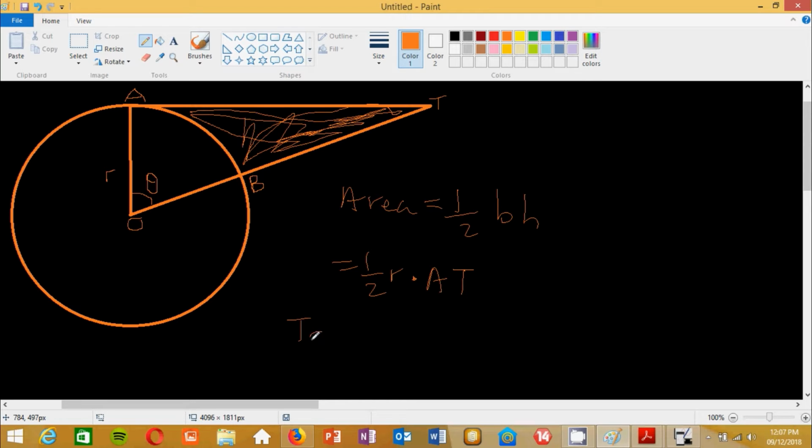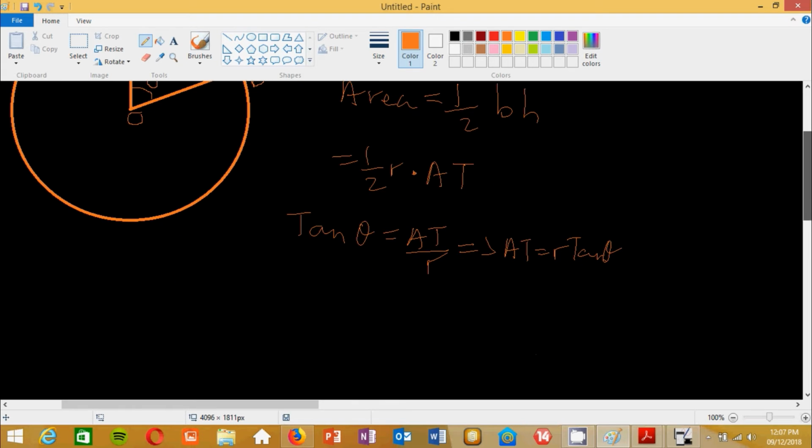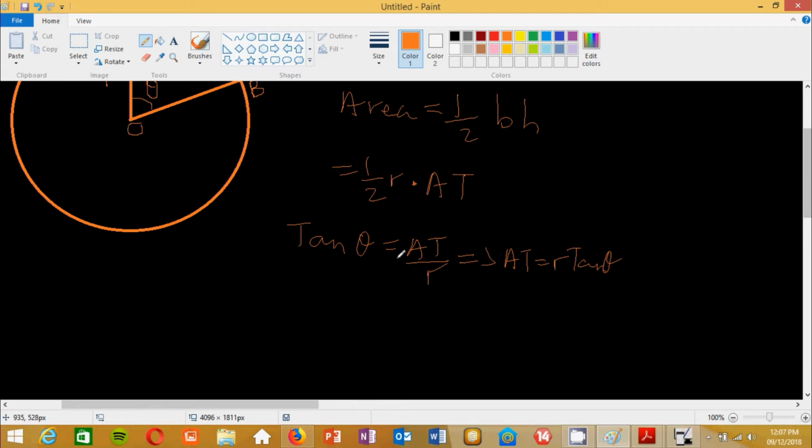So the tangent of theta is equal to AT over r, which implies that AT is equal to r multiplied by tan theta. And then I can plug it in there.